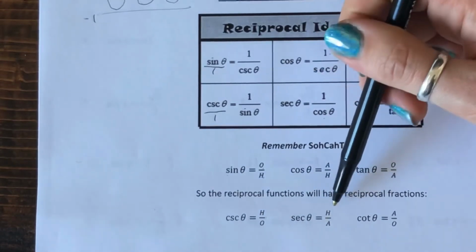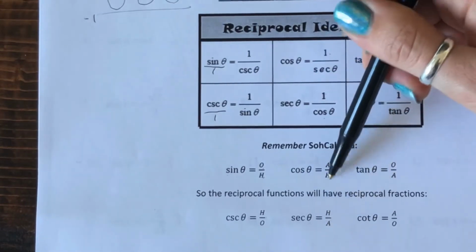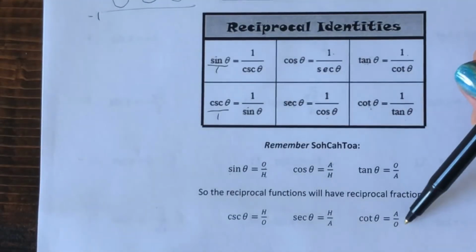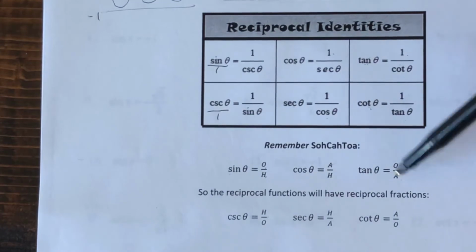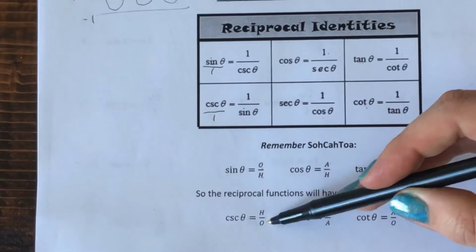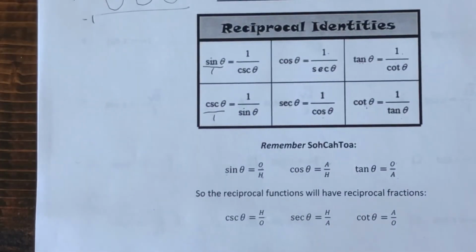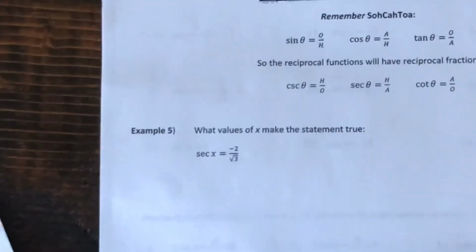And then secant will be the reciprocal of cosine, so I'll get h over a instead of a over h. And cotangent will be a over o instead of o over a. So you can even use these with your right triangle trig by just flipping those SOHCAHTOA fractions that we're used to upside down. So you'll see some problems like this as well, where they throw in these reciprocal functions.